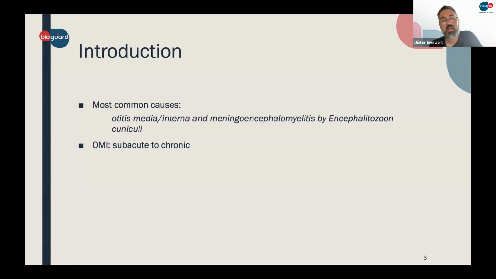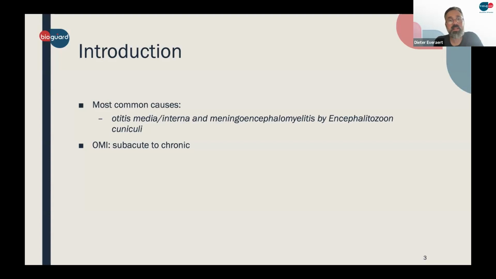So you can see a flare-up of E. cuniculi, let's say after moving or going to the vet or after vaccination. Those are quite common things that happen and that can cause a flare-up of a chronic Encephalitozoon Cuniculi infection.